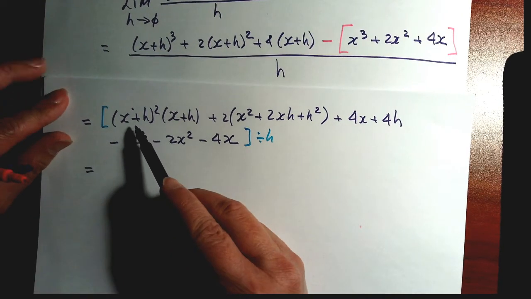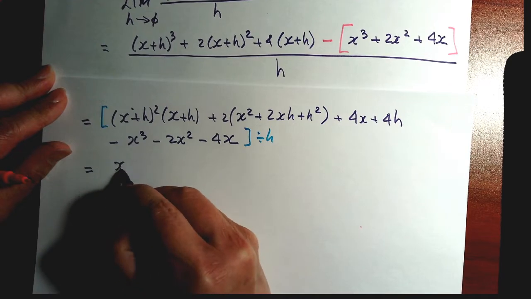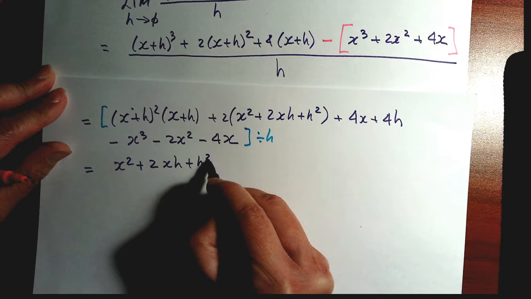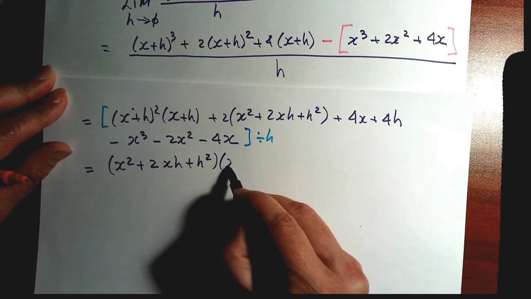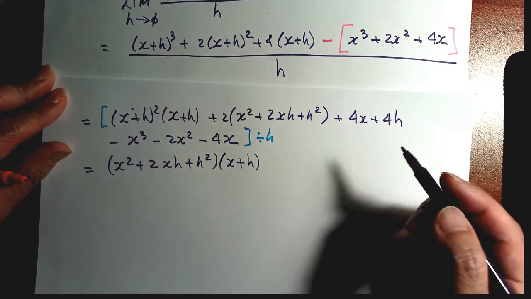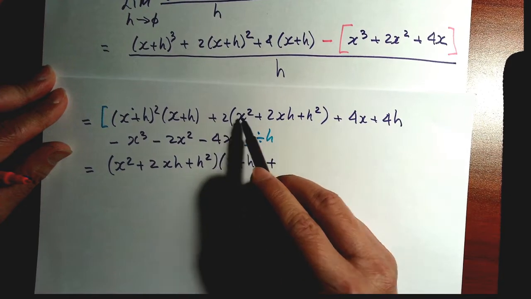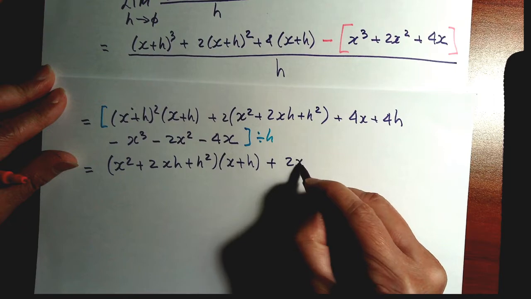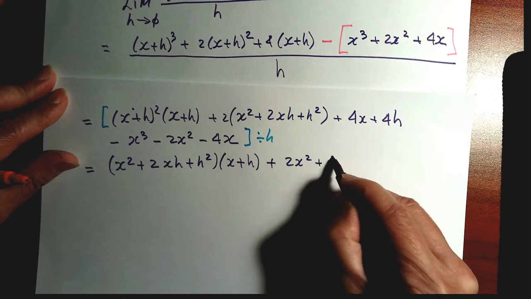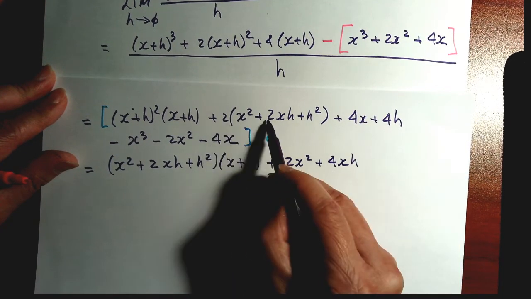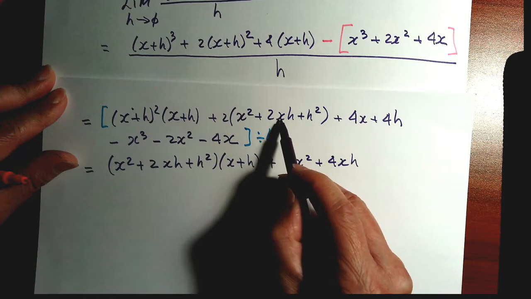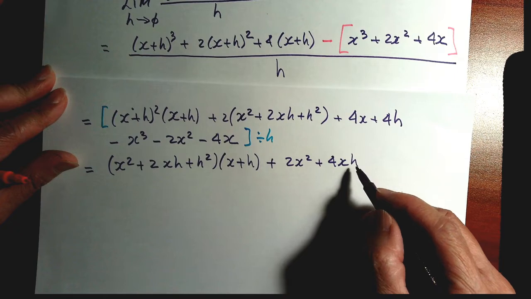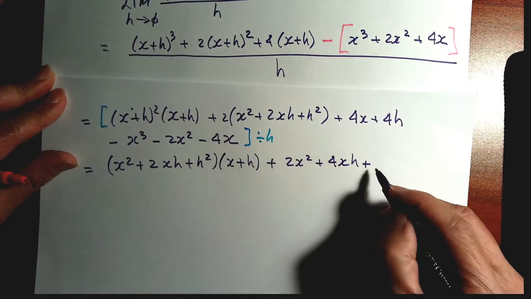Okay, let's expand out x plus h squared. I would get x squared plus 2xh plus h squared. We multiply with x plus h in the next line, and then put 2 into this and expand it out. So I would get 2x squared plus 4xh, 2 times 2xh, plus 2h squared.